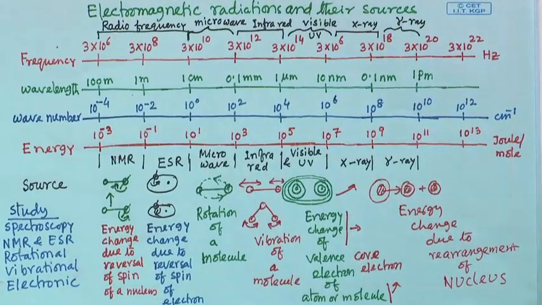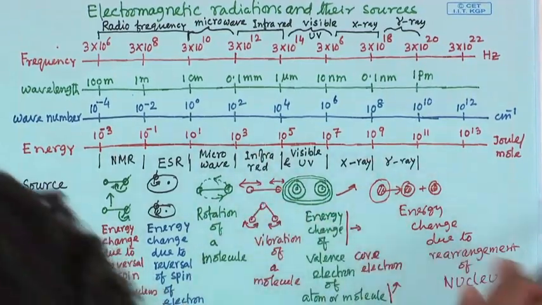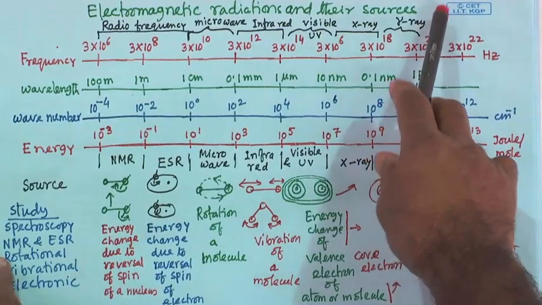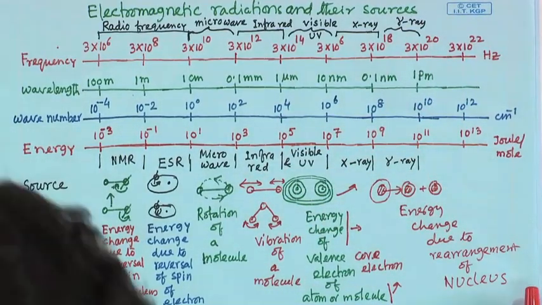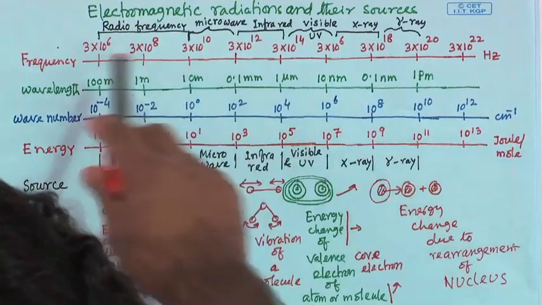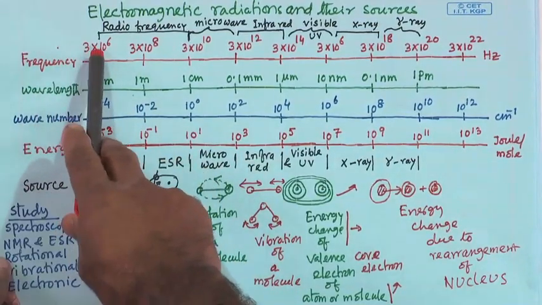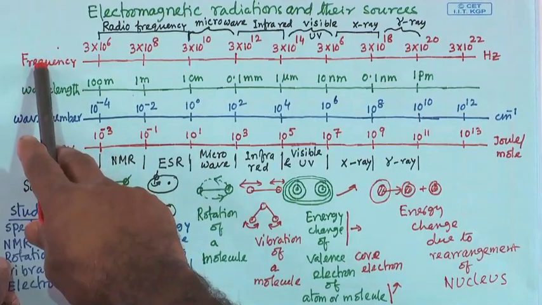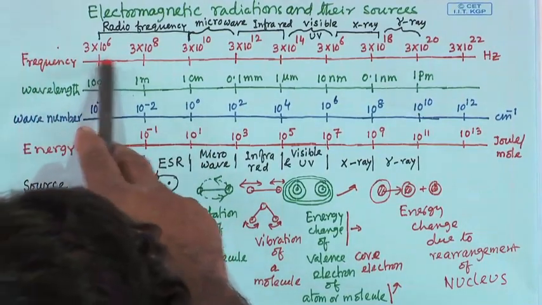So, here you can see electromagnetic radiation and their sources, means what are the sources of this electromagnetic radiation. Here I have just taken a scale. So, this is the frequency scale. Okay.